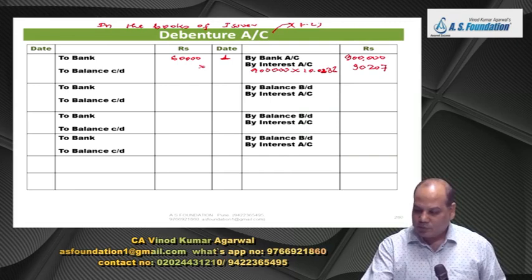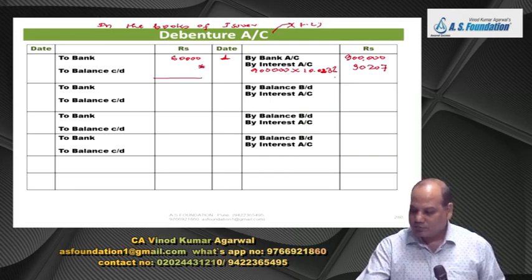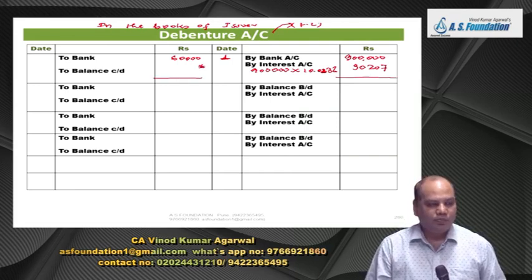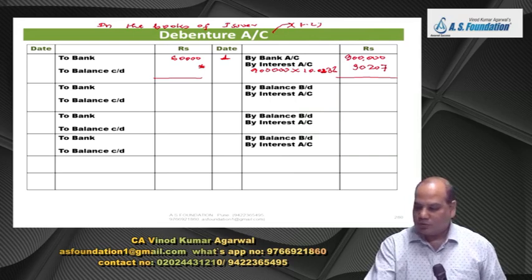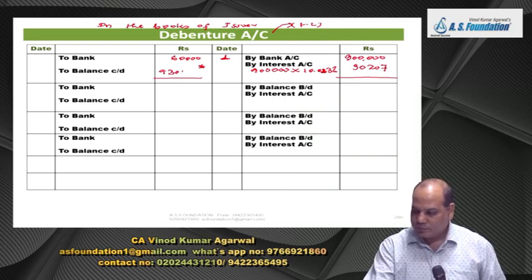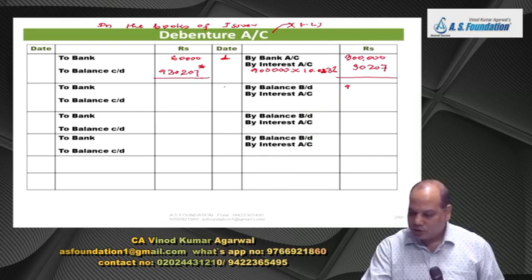And then please calculate balance carried down. This is a fundamental question for understanding how the amortized cost will work. Take credit side total minus debit side. Tell me, 9 lakh 30,000. Very good. By balance brought down, year 2, write down 930,207.